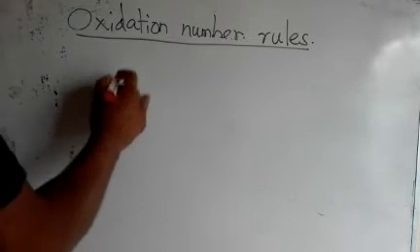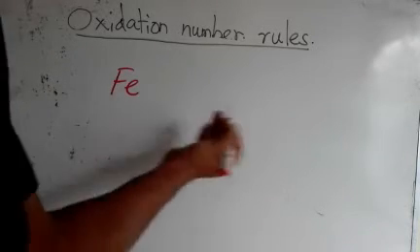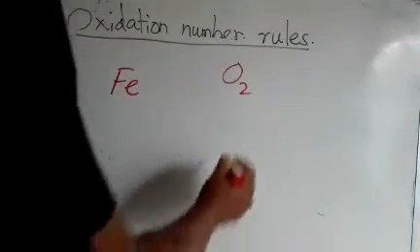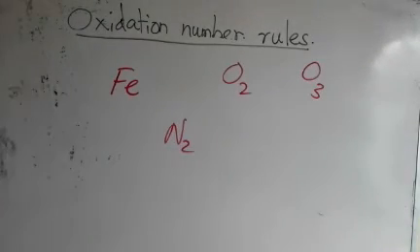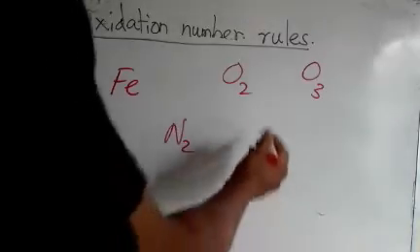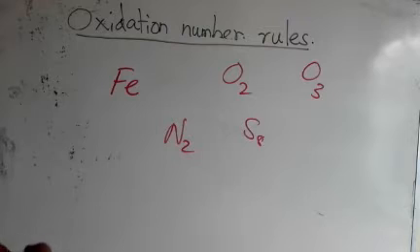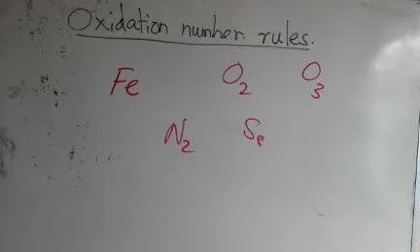As an example, iron as atoms, oxygen as molecules, ozone molecules, nitrogen molecules, and something like sulfur S8 molecules. For any of these, the oxidation state or the oxidation number is 0. So that is the first rule.